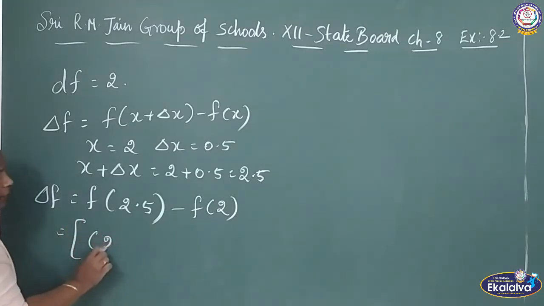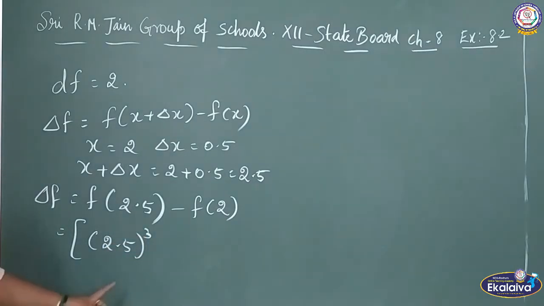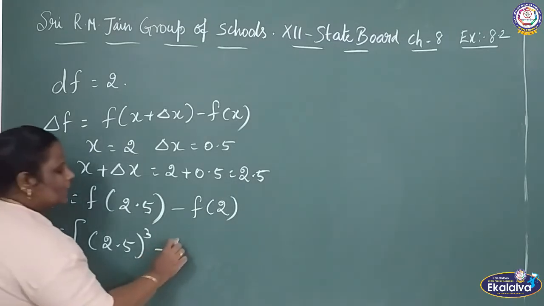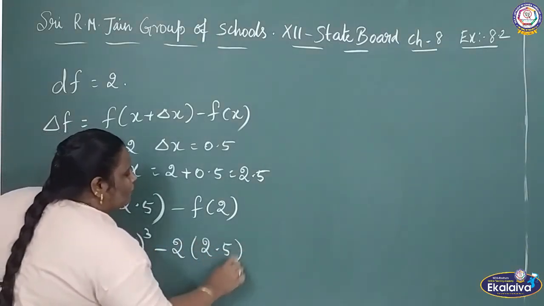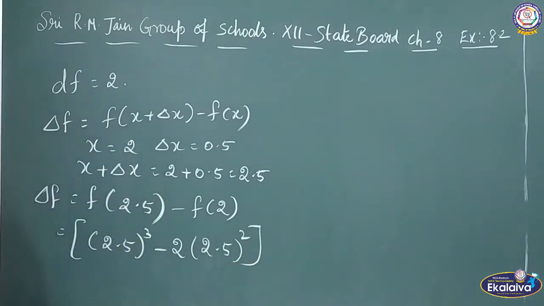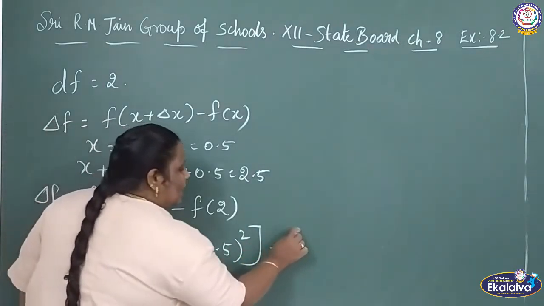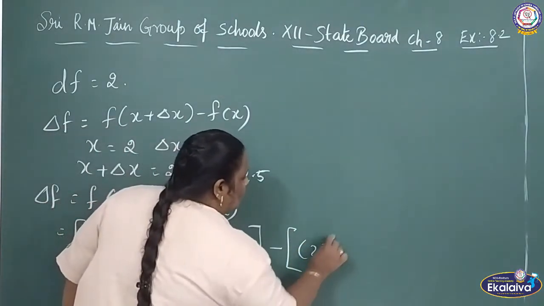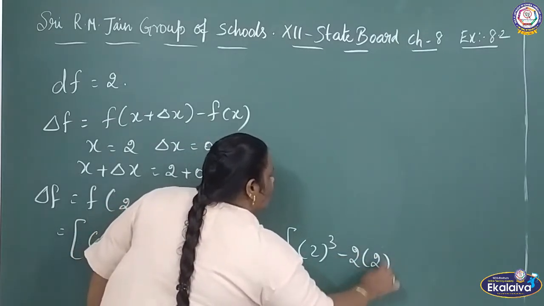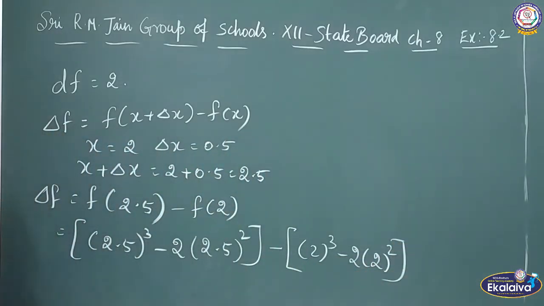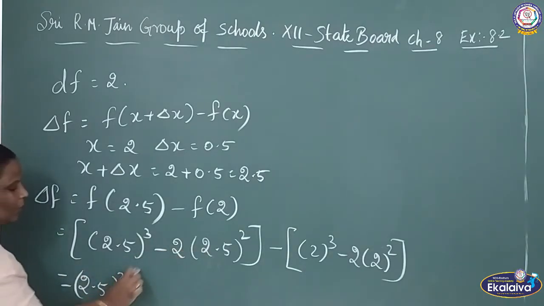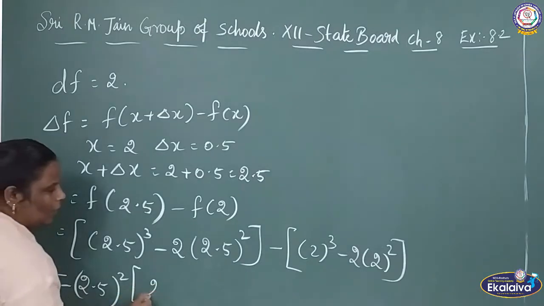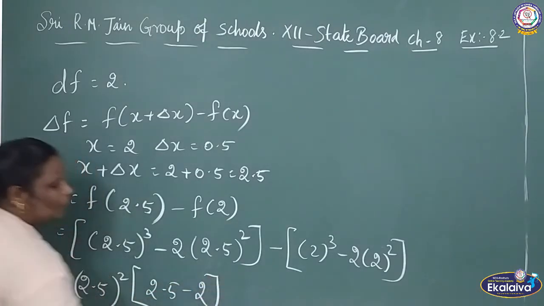f of x is x cube minus 2x square, so f of 2.5 is 2.5 cube minus 2 into 2.5 the whole square, minus f of 2, which is 2 cube minus 2 into 2 square. Here 2.5 square is common, so take it out. What is the remaining thing? 2.5 minus 2.